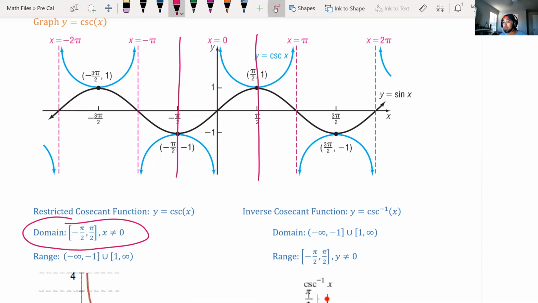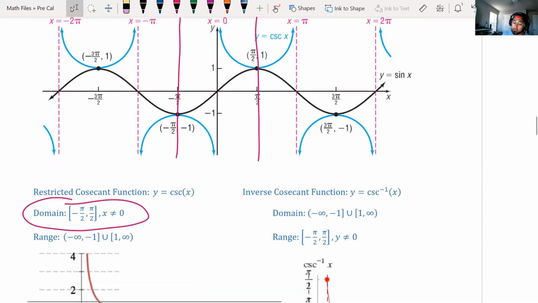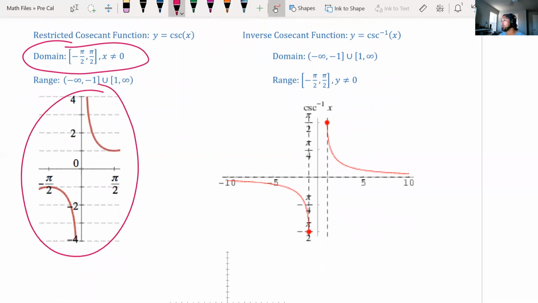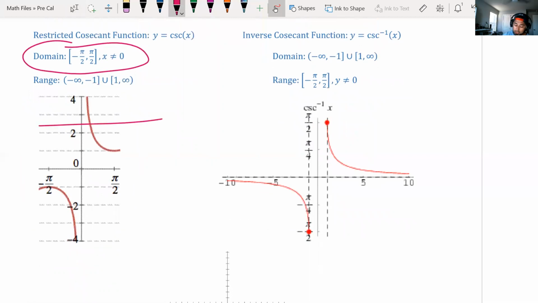And then the range is just like secant: negative infinity to -1, and 1 to infinity. If we restrict its domain, it becomes one-to-one. If I drew a horizontal line through it anywhere, I would only intersect it once, which means it has an inverse, given by the inverse cosecant function.